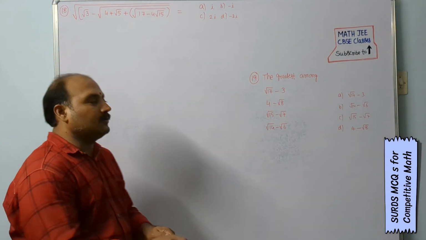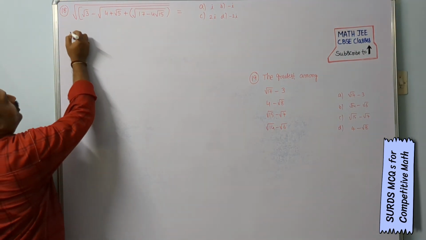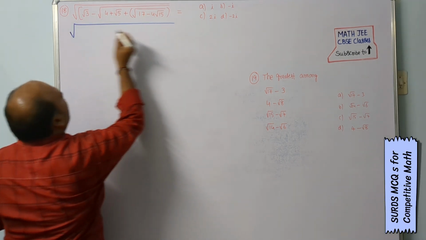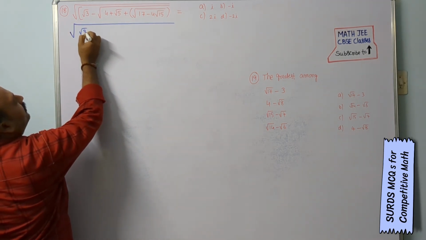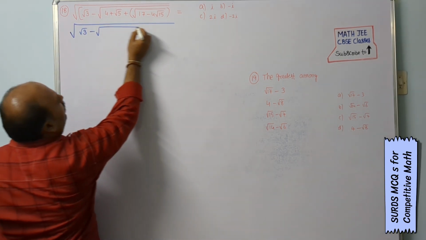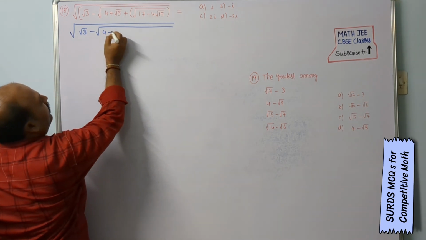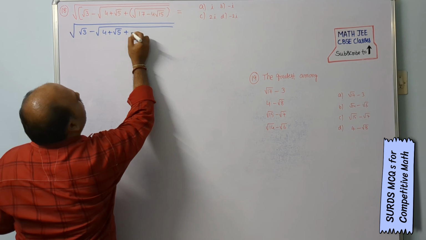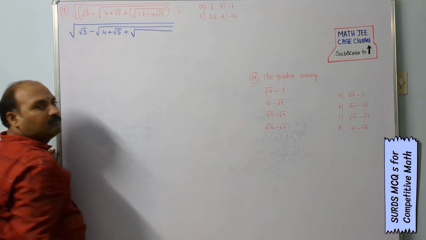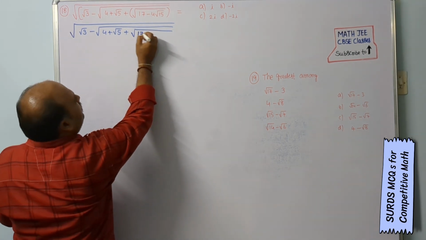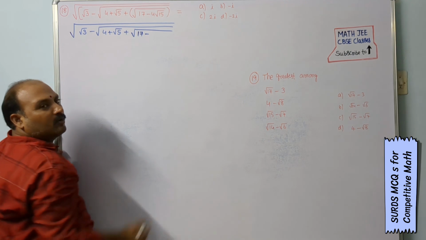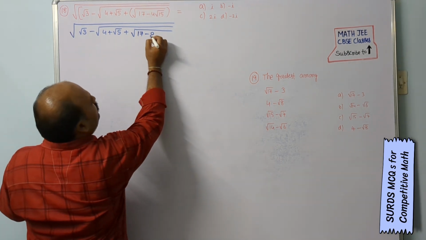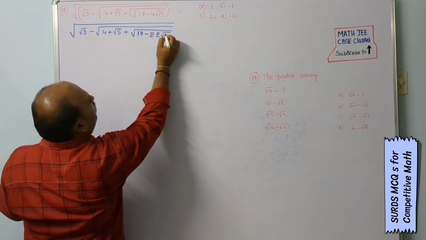The next question. Square root of root 3 minus square root of 4 plus root 5 plus square root of 17 minus, here 4 is there, no? We can write it as 2 into 2 root 15.